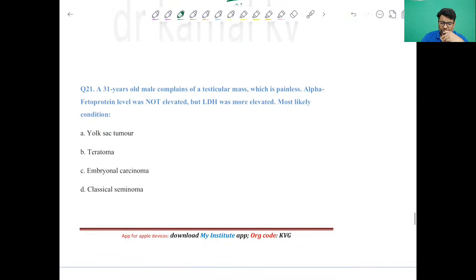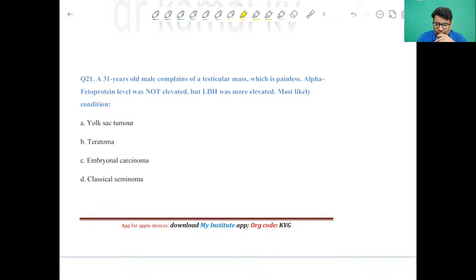Then moving forward to the next question, there is a young male who has a testicular mass. Now this testicular mass is painless. Alpha fetoprotein is not elevated, but LDH is elevated. So a painless testicular mass, AFP is normal and LDH is elevated.